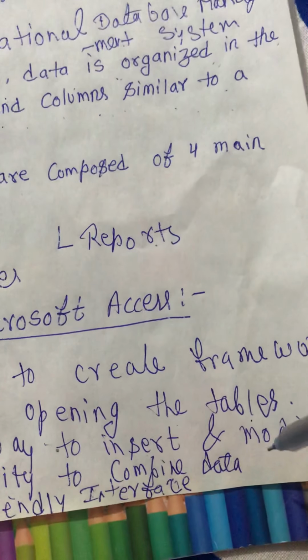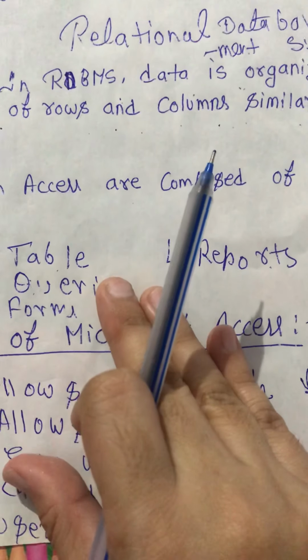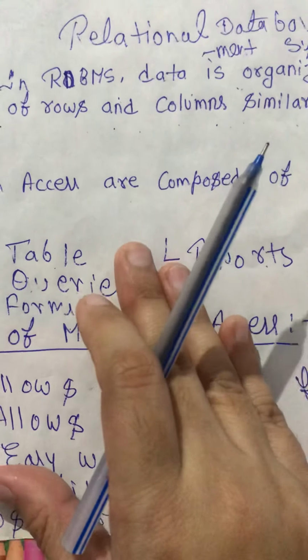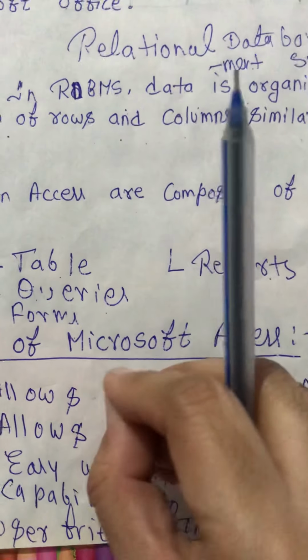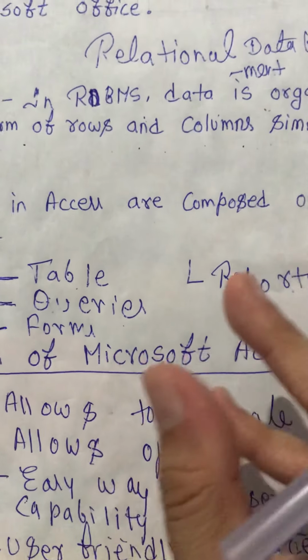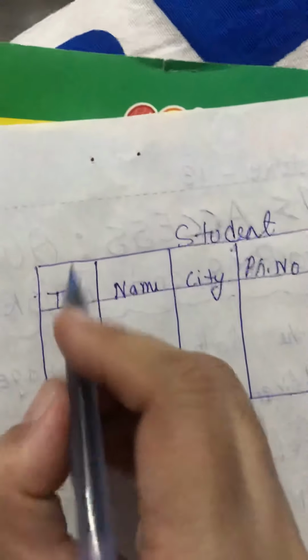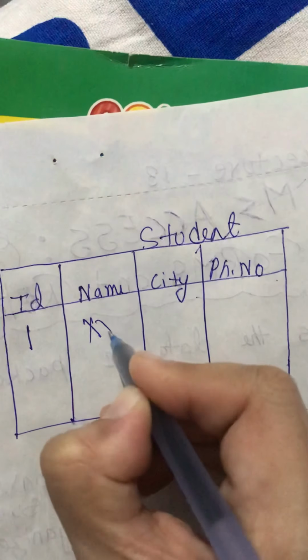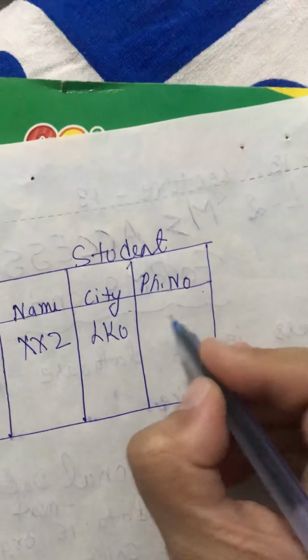Capability to combine data. Access queries provide the capability to combine data from multiple tables and place specific conditions on the data. What is a specific condition? See, I'm giving you one example. Suppose that you have a table named student, with fields like ID, name, city, phone number. ID number 1 has a name, city Lucknow, and a phone number.